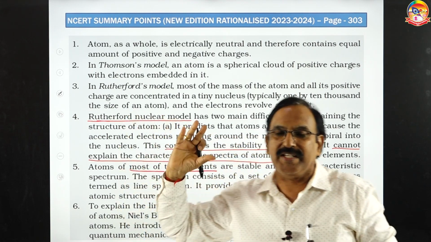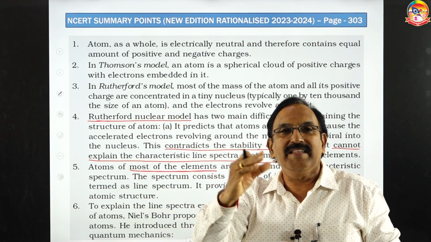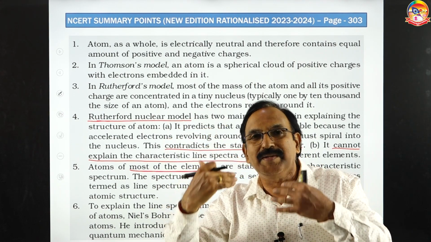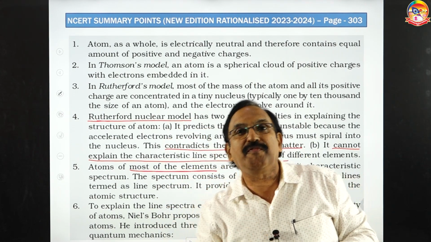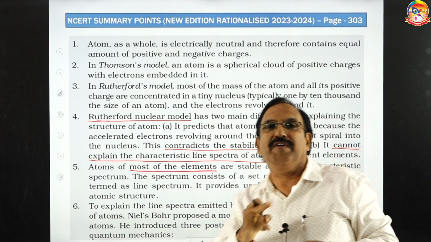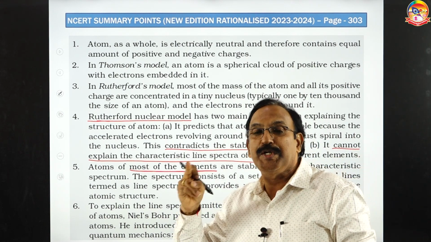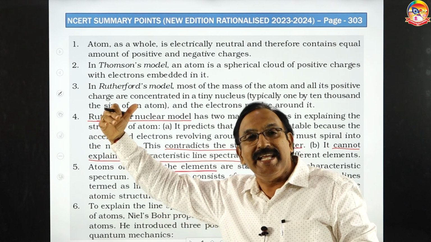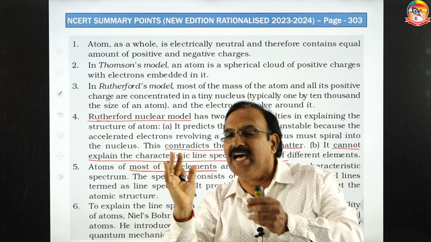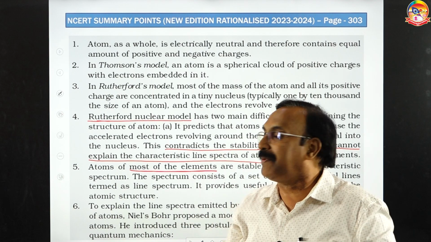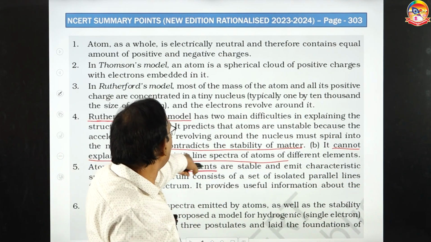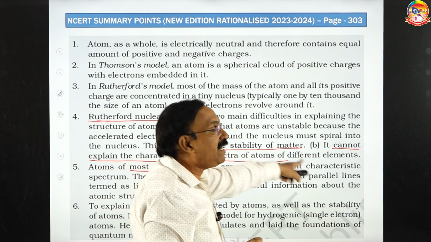If the electrons collapse into the nucleus, then the electron orbits are not stable and the atom itself is not stable. So Rutherford's model assumes that the electrons would keep radiating energy and finally the atom would collapse. That doesn't happen. We require that particular point here: Rutherford's nuclear model contradicts the stability of matter.